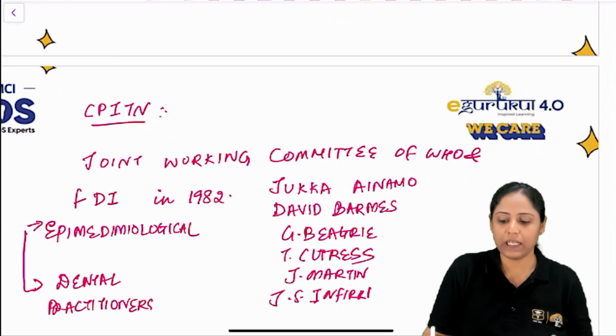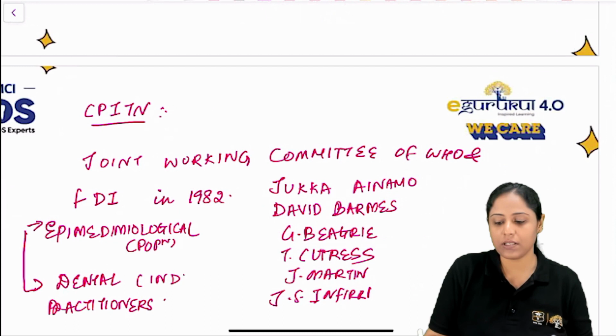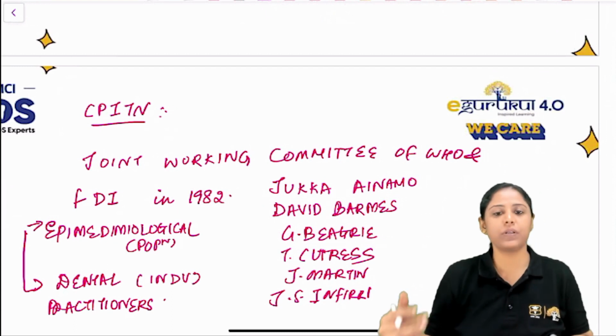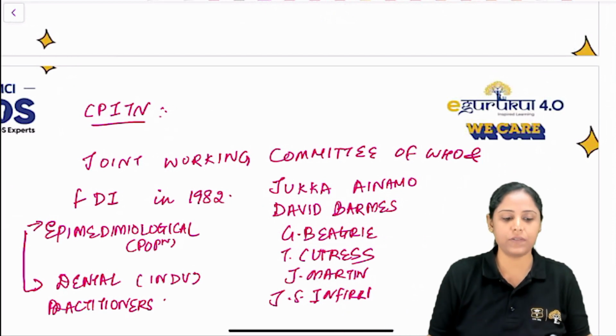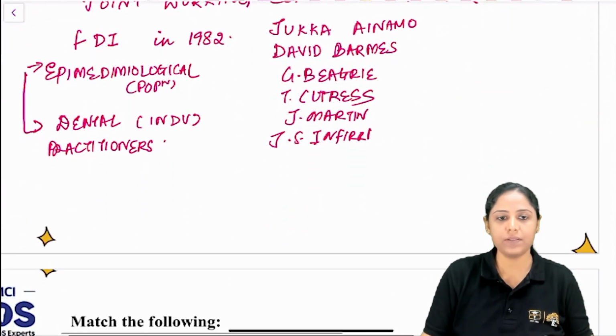So in epidemiological surveys, it can be used on the population, or by individual dental practitioners, it can be used on the individual. In the individual, it's a modified form for screening and monitoring the periodontal status. So that is about Community Periodontal Index of Treatment Needs. Now we come to the next question.